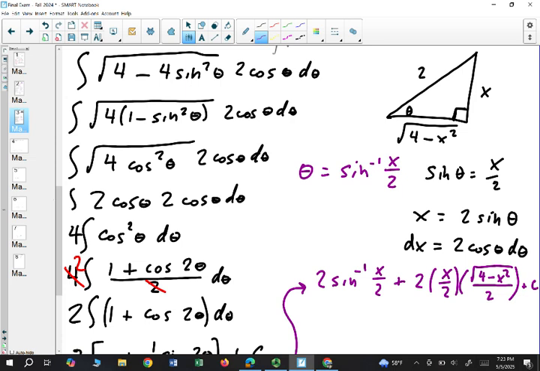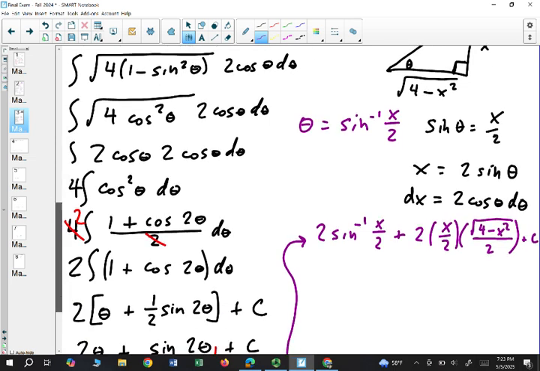Okay, we can clean that up a little bit, so we'll just say this is 2 inverse sine of x over 2 plus, just cancel maybe this 2 and this 2. So we'll have x times the square root of 4 minus x squared over 2 plus c.